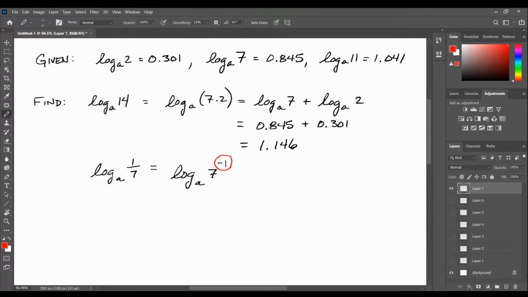Bring this negative 1 out in front. So that would be negative log base A of 7. I know log base A of 7 is 0.845. So using my power rule, and yes, we used an exponent rule first within the argument, we were able to get the answer there.